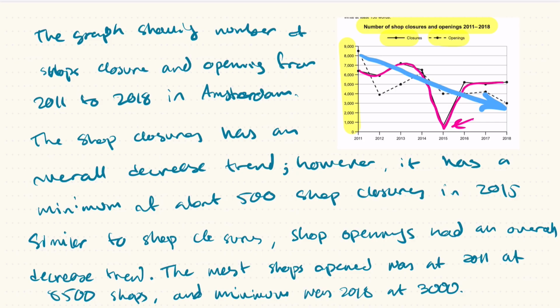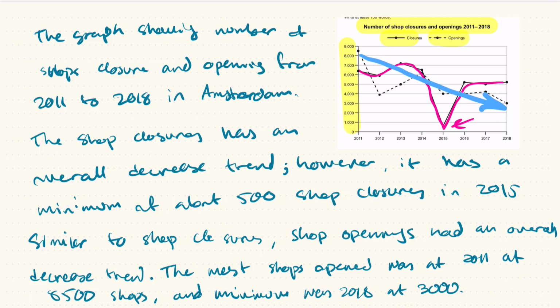So that's how you describe line graphs. Essentially, more or less, it's about decreases and increases, and just pay attention to minimums and maximums, and you should be good. One thing that I would emphasize is try to open your paragraph with describing the graph itself. Don't jump right away into the numbers and trends.